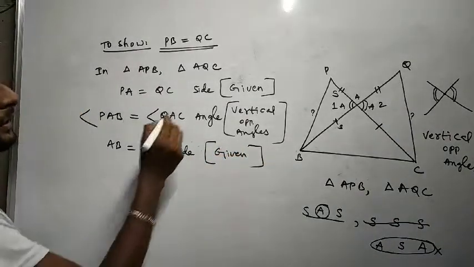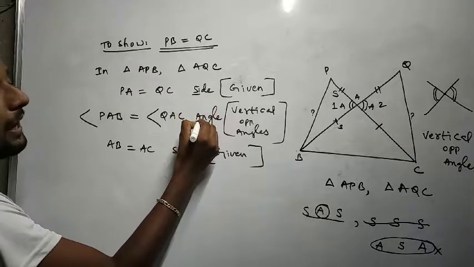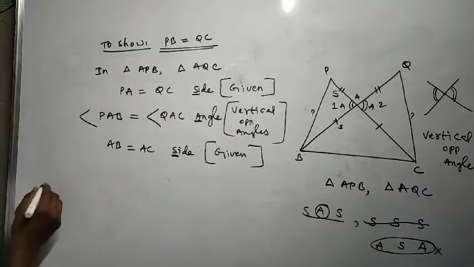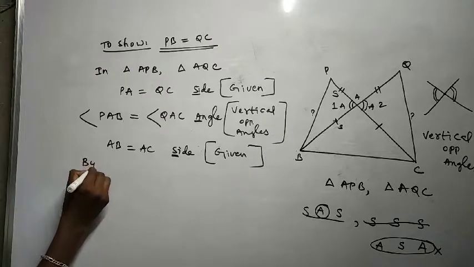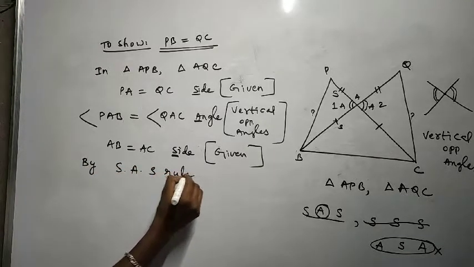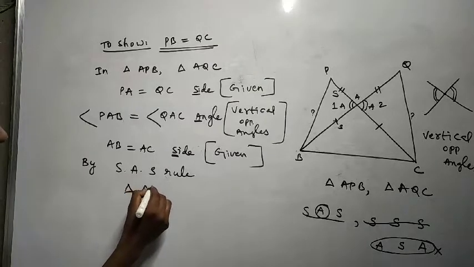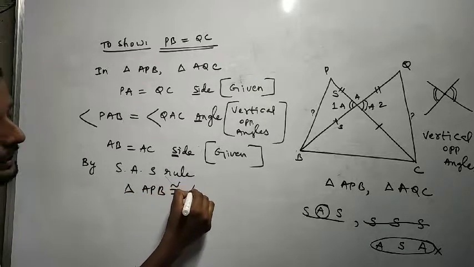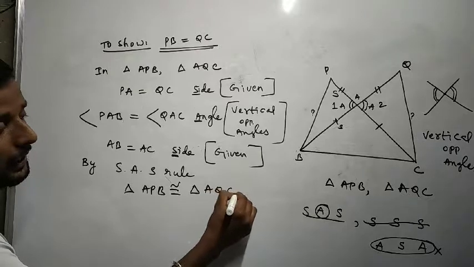Now look at it, children: side S, angle A, side S. So now I'll write by SAS rule, triangle APB is congruent to triangle AQC.